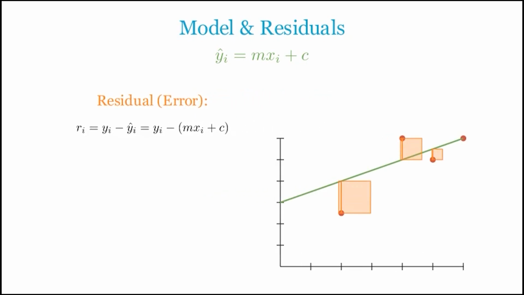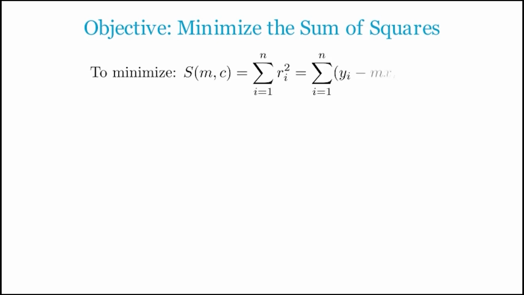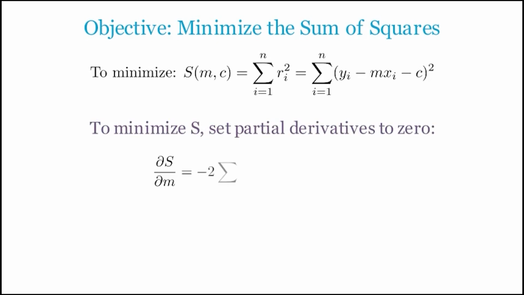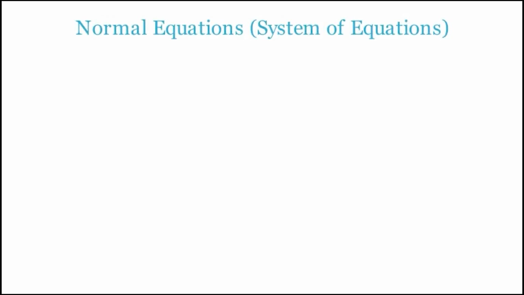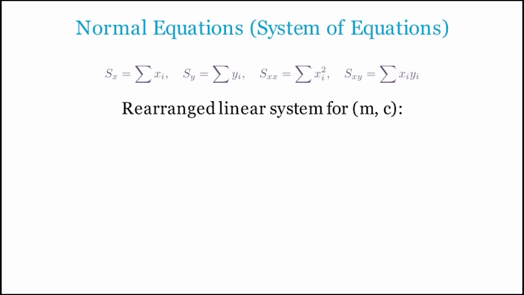You can visualize adding the areas of these squares, and we want to minimize such that the global sum of squares is the minimum. So we define the problem, then we take the partial derivatives with respect to m and c and set them to 0. Now these two simultaneous equations are linear so we can easily solve for m and c.